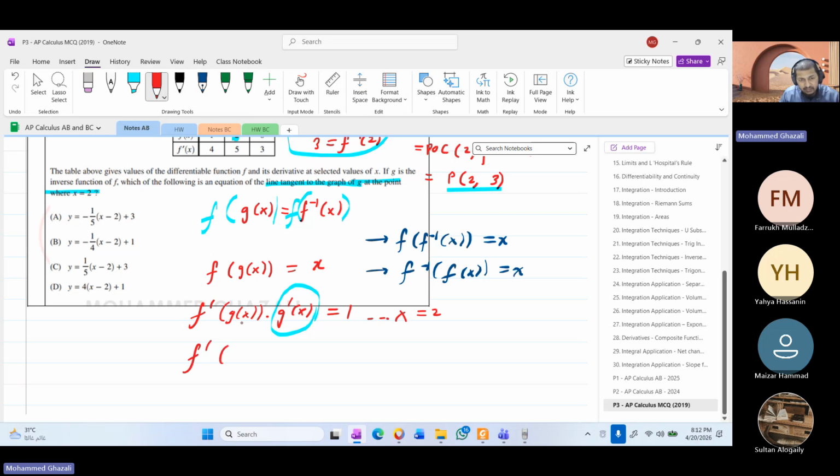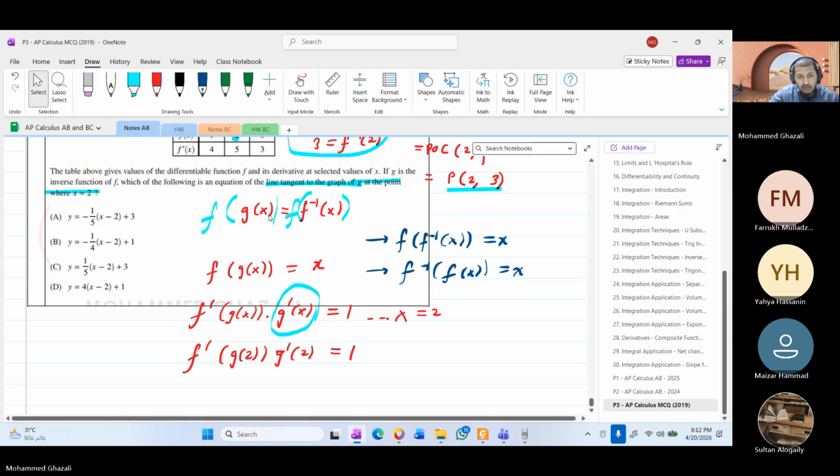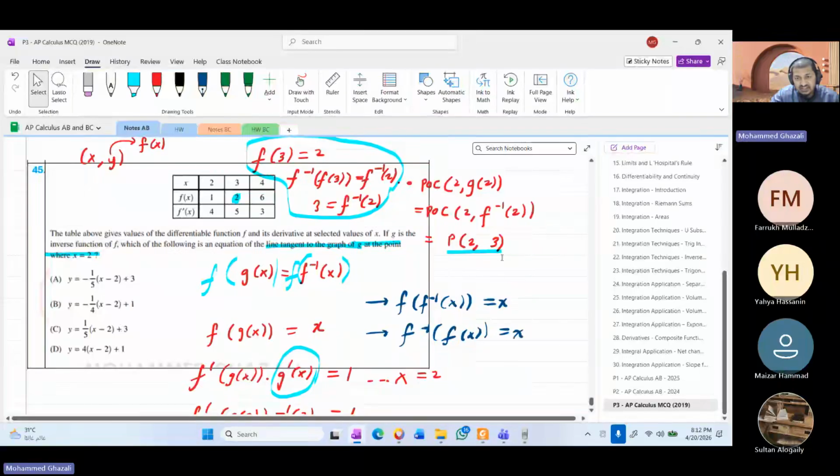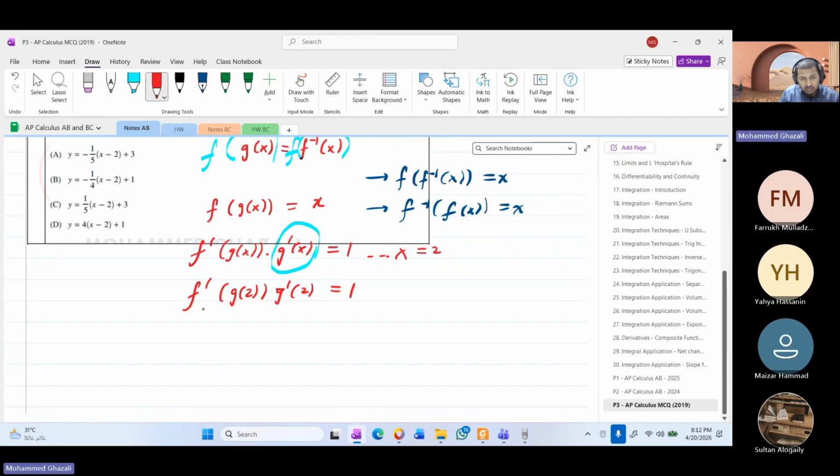So you're going to say f prime of g of 2 times g prime 2 is equal to 1. What is g of 2? Did we find g of 2? G of 2 is f inverse 2. We did find it. F inverse 2 is 3, so g of 2 is 3.